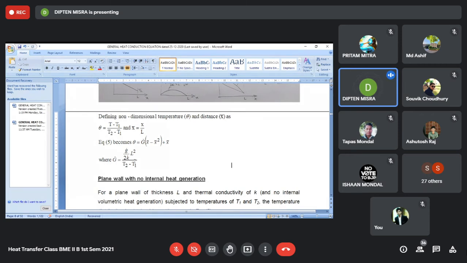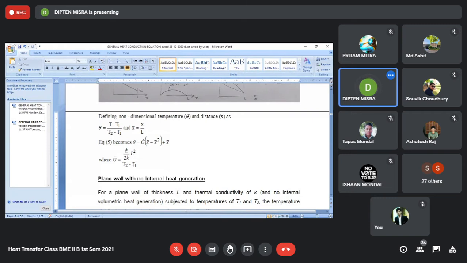Now, the advantages are that, first of all, we can reduce the number of parameters, such that we can draw a series of graphs representing different values of small g dot, different values of k, different values of L, different values of T1 and T2.